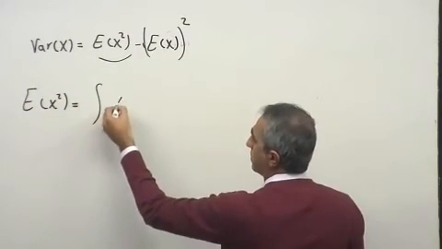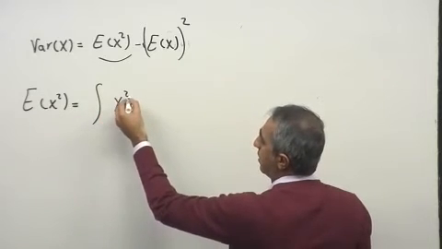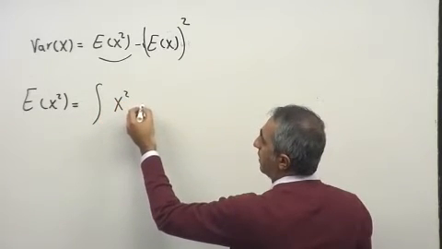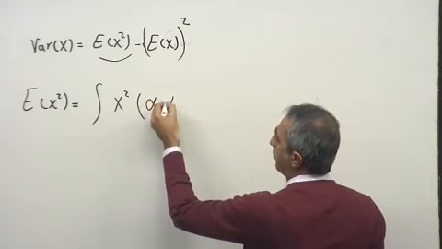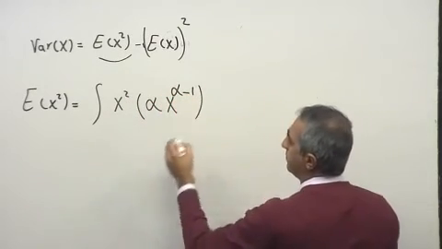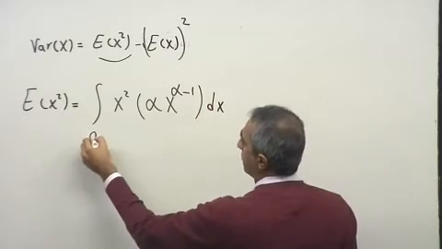Based on the definition, it's x squared times f of x, which is alpha x to the alpha minus 1, dx from 0 to 1.